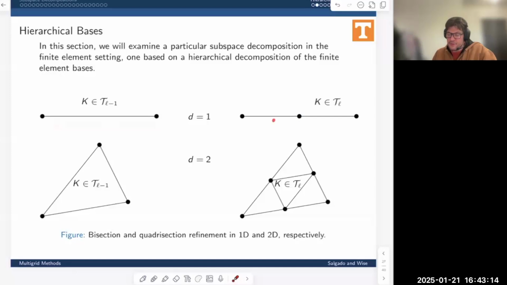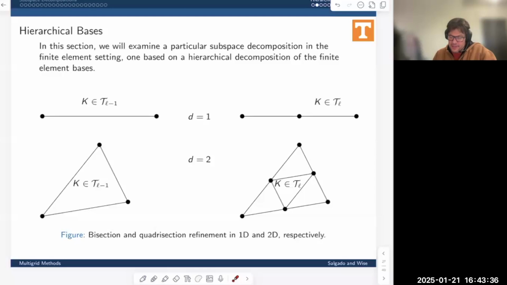And that gives me two congruent elements that are kind of similar to the shape of the first, right? Well, the shape of the first is just a line, so there's not much changing there. You can see, though, it makes a little bit more sense in 2D. You start off with an element, and we're going to refine this by quadrisection.